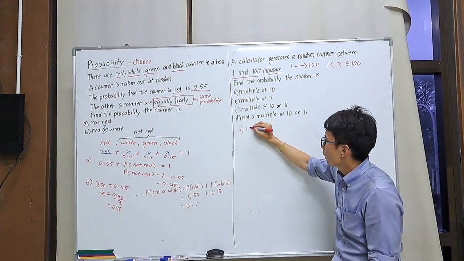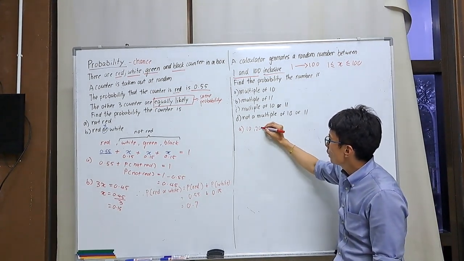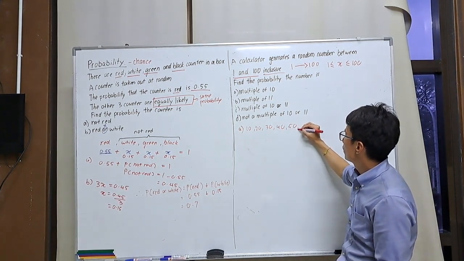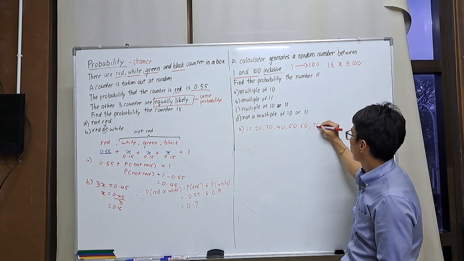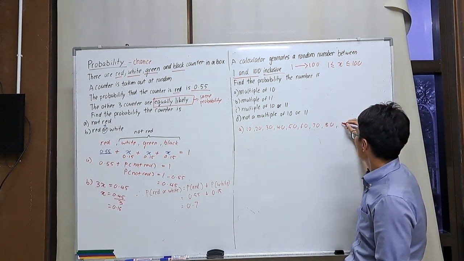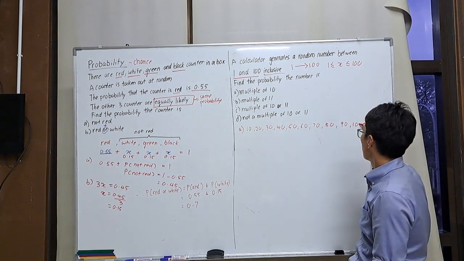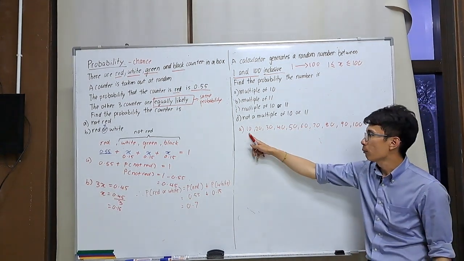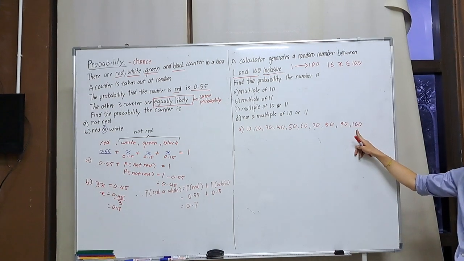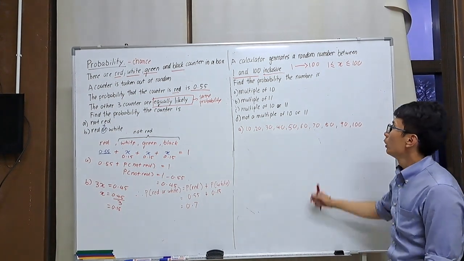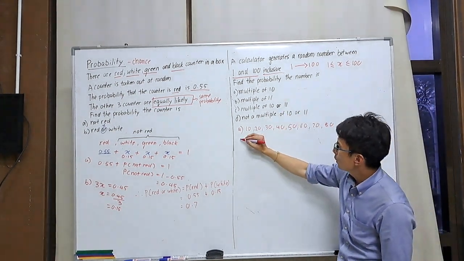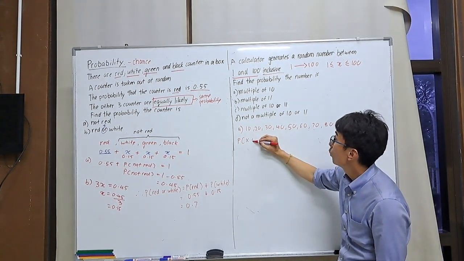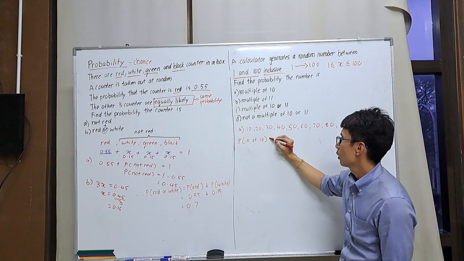So that's going to be 10, 20, 30, 40, 50, 60, 70, 80, 90, and 100. These are all my multiples of 10, 10 times 1 all the way until 10 times 10, correct?